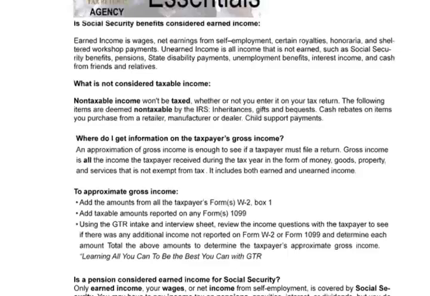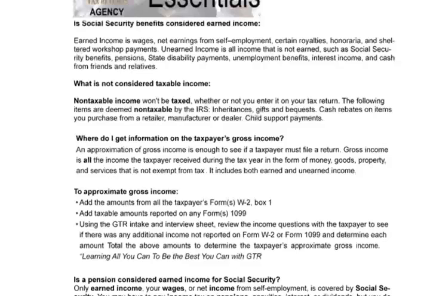Okay, we got more about taxable income, and is Social Security benefits considered earned income? Earned income is wages, net earnings from self-employment, certain royalties, honoraria, and sheltered workshop payments.